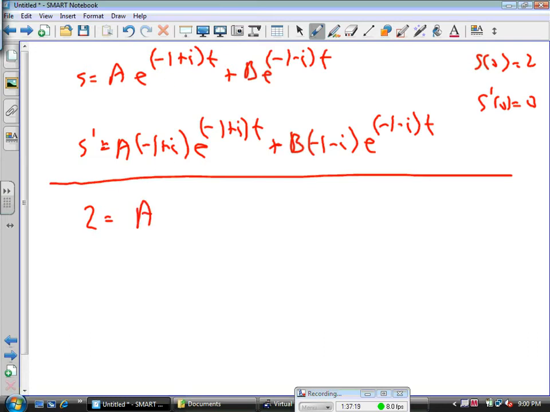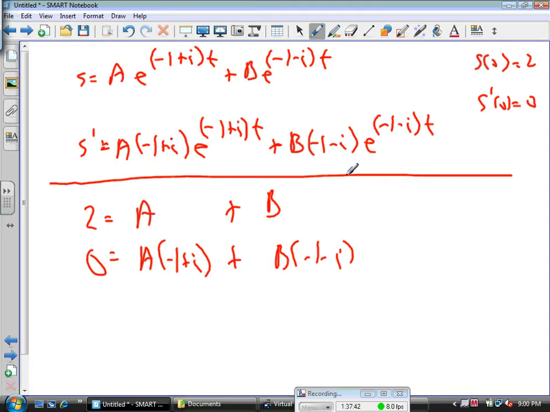So that's just A plus B, because e to the 0 is 1 and e to the 0 is 1. S prime is 0 when t is 0, so you get A times negative 1 plus i plus B times negative 1 minus i.